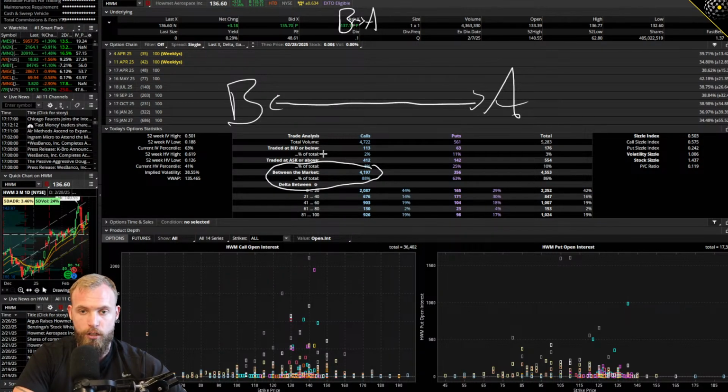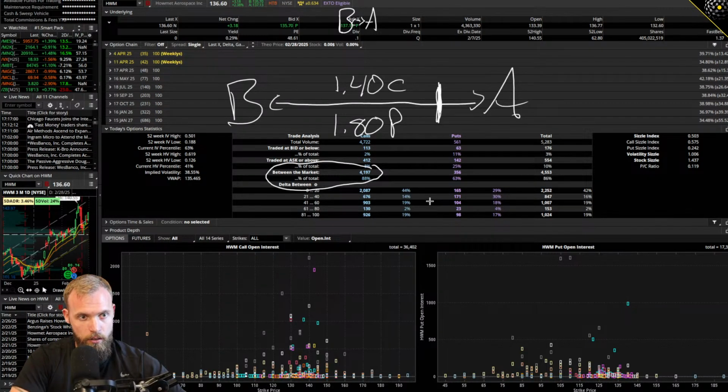We already looked at two scenarios where for the calls, they were $1.40 wide, and then I think $1.80 wide for the puts. So what can we do? Simple. We can see where they transacted over here, or over here, or over here. You could look at where it's closer to.